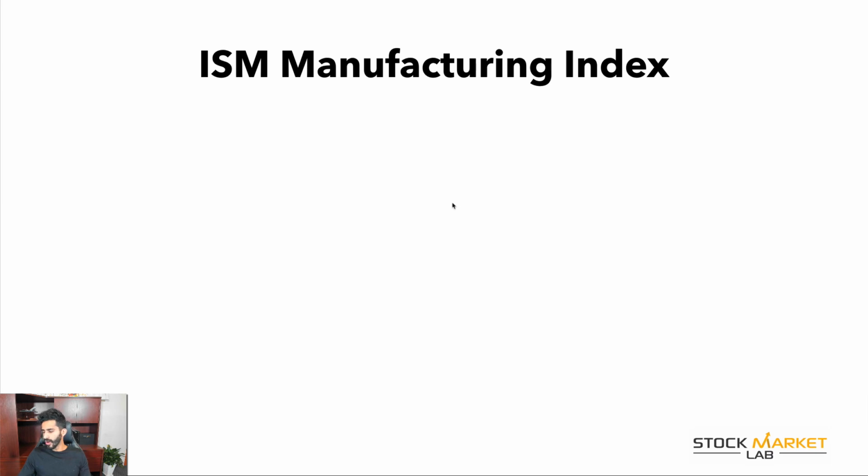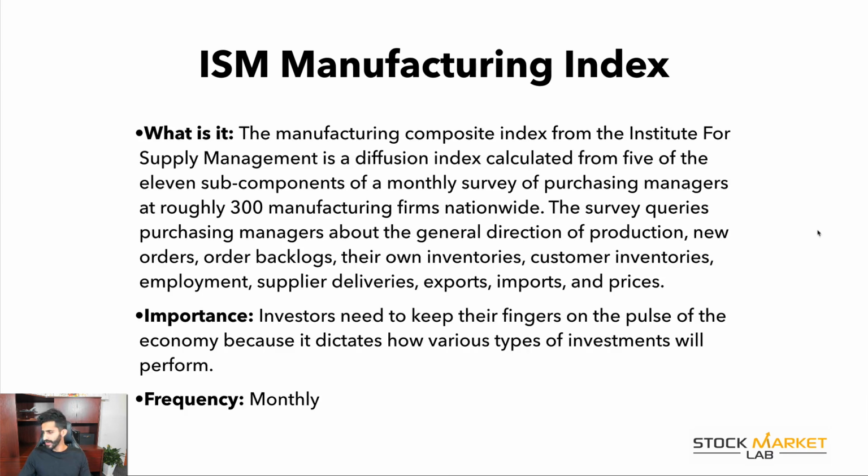Next, we have something called ISM Manufacturing Index. What is it? So this is the Manufacturing Composite Index from the Institute for Supply Management, which is a diffusion index calculated from 5 of the 11 subcomponents of a monthly survey of purchasing managers at roughly 300 manufacturing firms nationwide.